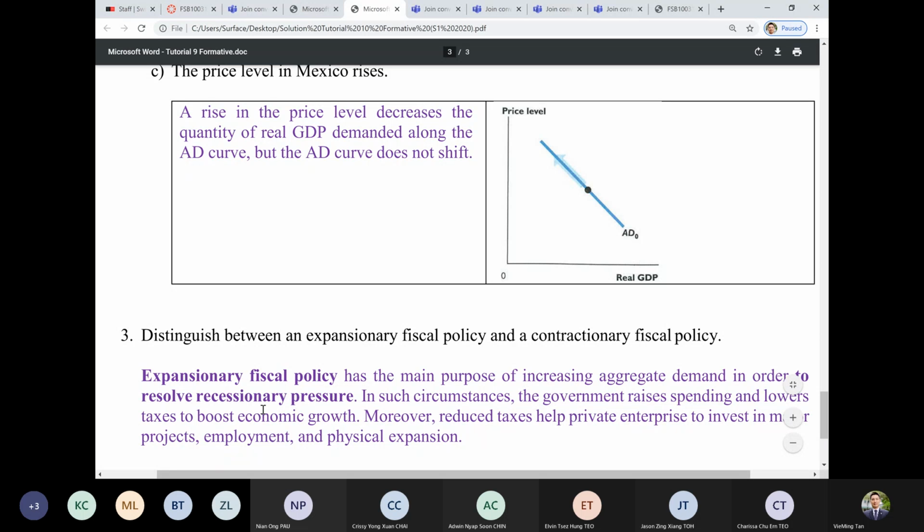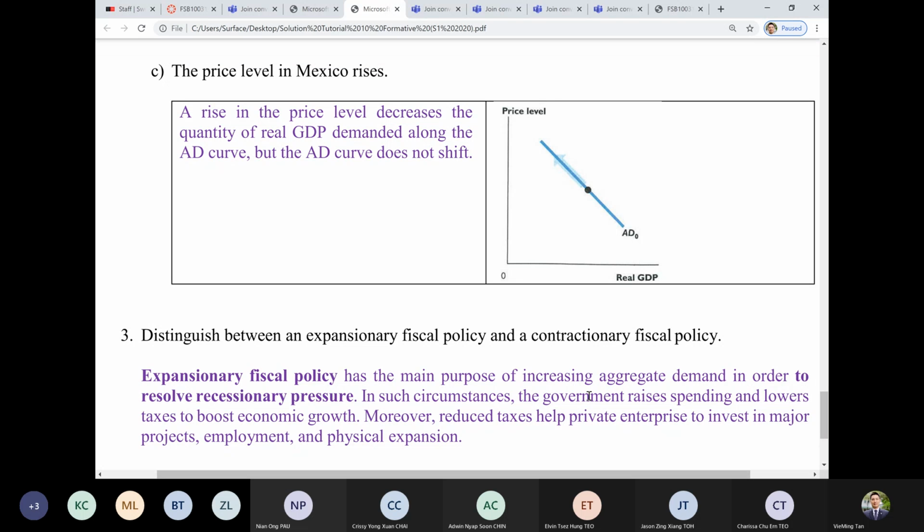Because during the recession period, the aggregate demand is low. So in order to increase the aggregate demand, the government can use the expansionary fiscal policy in order to address the recession problem. So how?